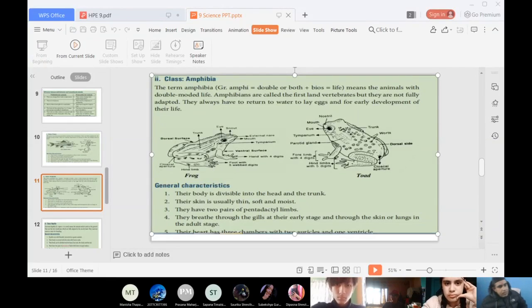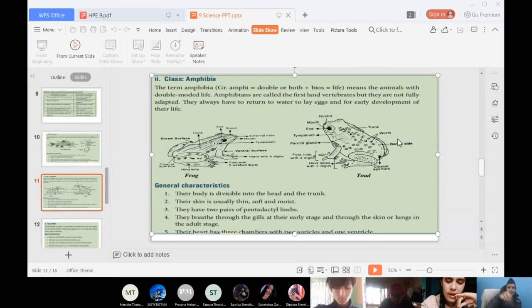If I say Reptilia, the screen of Reptilia must come, isn't it? So now you can see the skin of Amphibia. Sir, which phylum is the dolphin? Dolphin, frog, fish, humans, they all belong to one phylum, that is Chordata.